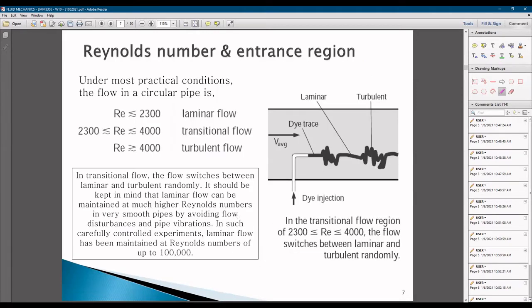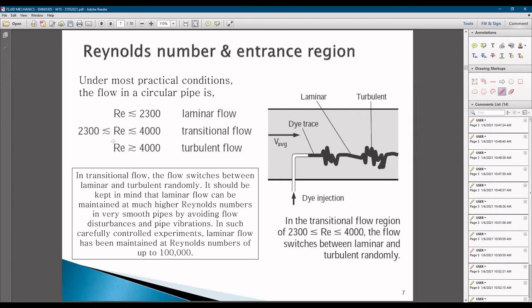Under most practical conditions, the flow in a circular pipe is laminar when the Reynolds number is lower than 2,300, and it is said to be in transitional flow when the Reynolds number is between 2,300 and 4,000.